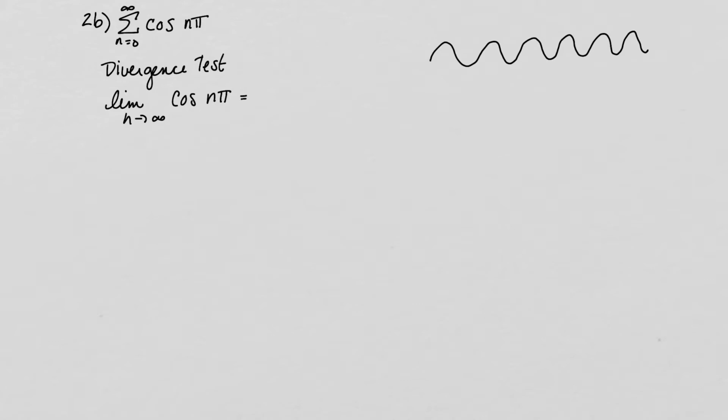That's why I put the limit does not exist. And that's why I put underneath it, because it oscillates. And so does not exist is not equal to 0, so by the divergence test, it diverges.